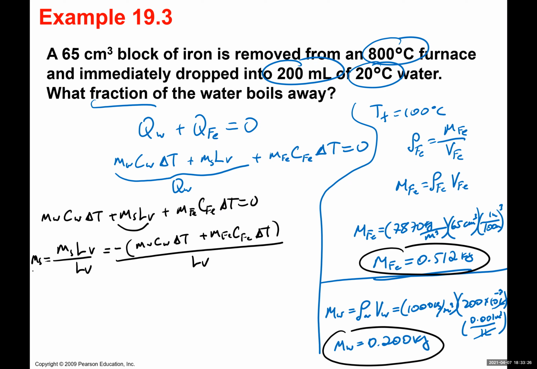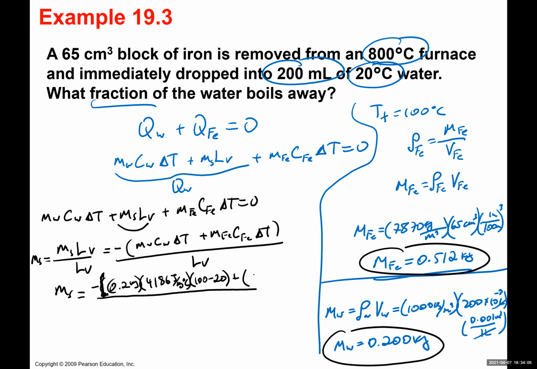Okay. So from here, mass of the steam is equal to negative, then I can plug in the values, right? So here I can have 0.2 kilograms for mass of water, 4186 joules per kilogram degree Celsius. Then change in temperature will be 100 minus 20, because my final is 100 degrees, right? So remember, I'm basically using a bracket here.